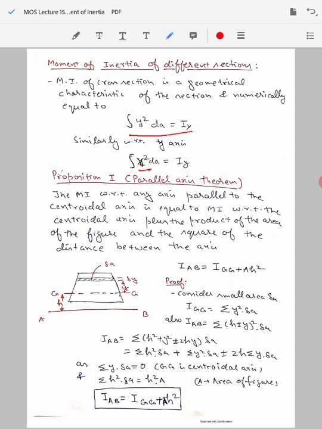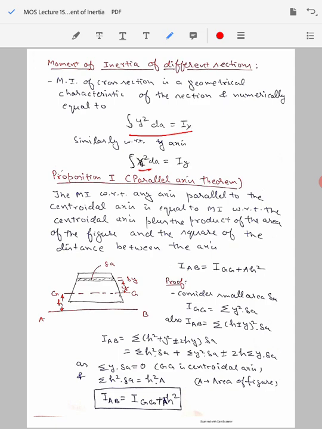So what is the parallel axis theorem? The moment of inertia with respect to any axis parallel to the centroidal axis is equal to the moment of inertia with respect to the centroidal axis plus the product of the area of the figure and the square of the distance between these two axes.